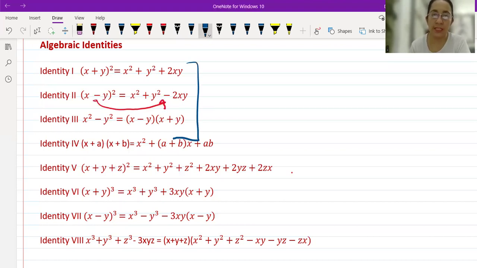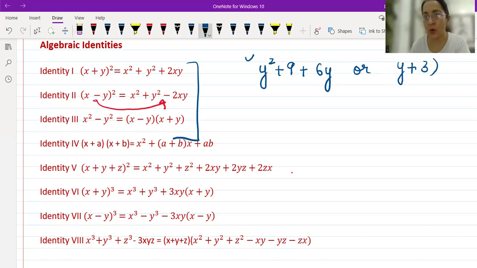Let me brief you with one simple question. Suppose you are given y square plus 9 plus 6y, or you can have it in this way also, (y plus 3) whole square. So in both ways, the question can be there in the exercise.